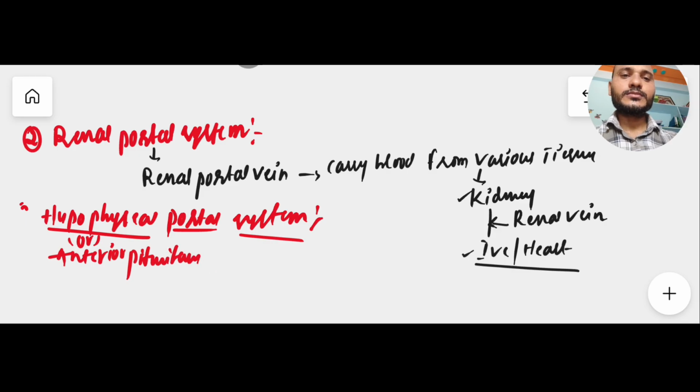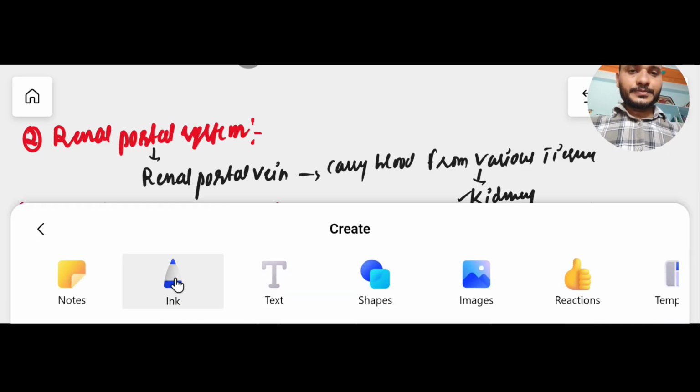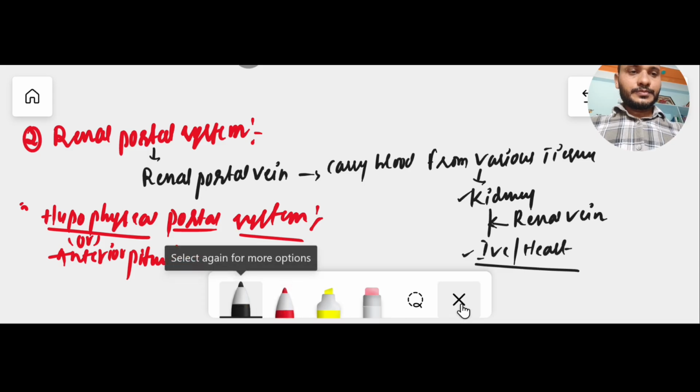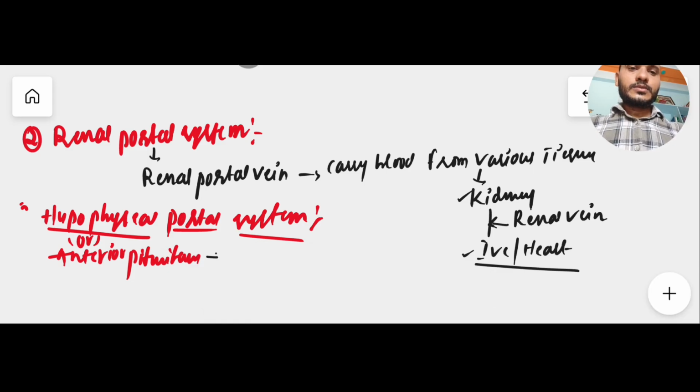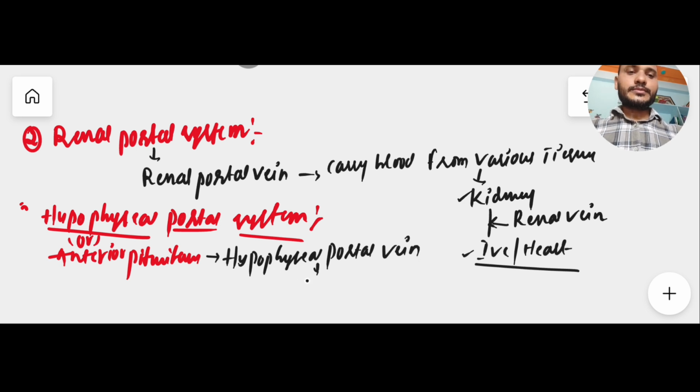Here there is a vein called the hypophyseal portal vein. This hypophyseal portal vein carries blood from the hypothalamus, and from the hypothalamus the blood is delivered directly to the anterior pituitary gland.